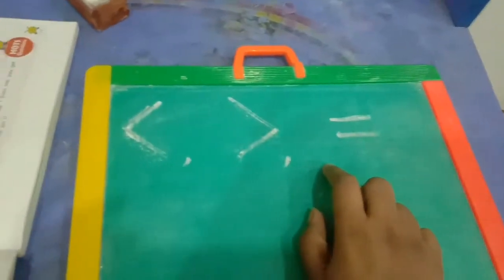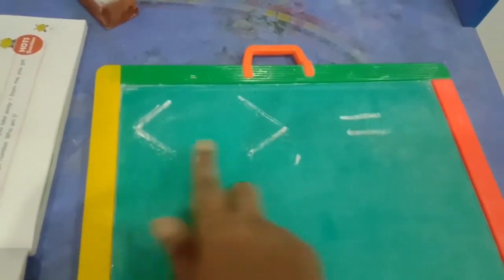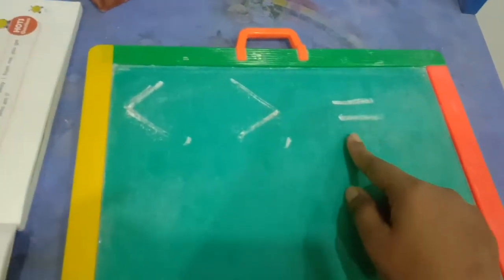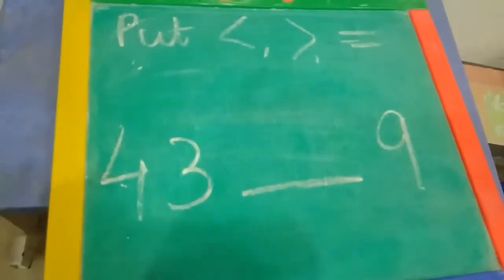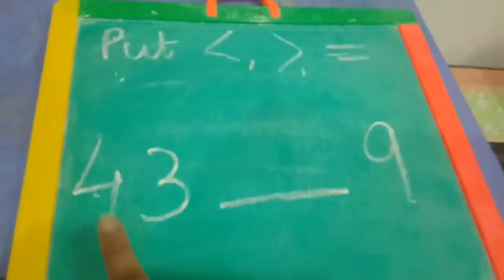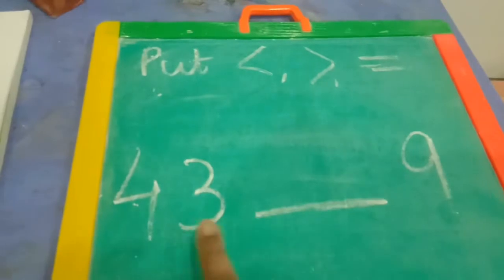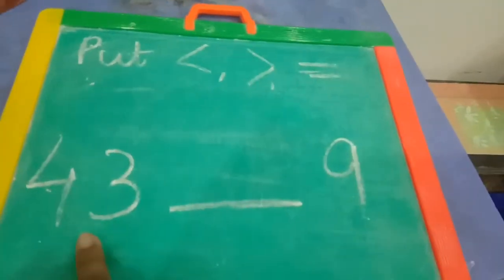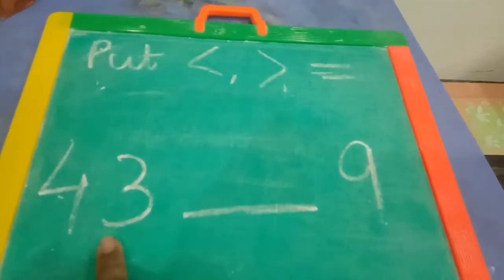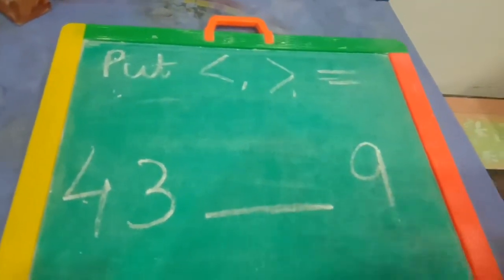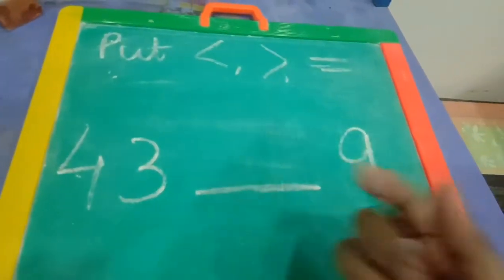Now when we compare the numbers, we make use of these signs: greater than, smaller than, and is equal to. Now I have given you two numbers, 43 and 9. Now we have to identify which number is greater between both these. Okay, so the trick is very easy.